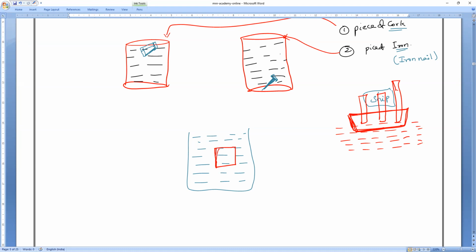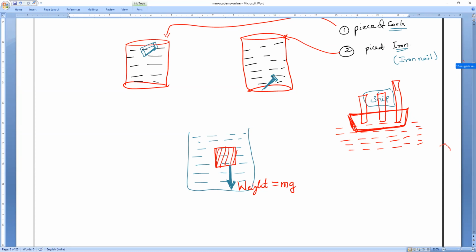When the object is in a liquid, there is definitely a force always exerting in the downward direction. Can anybody tell me, what is the force acting in the downward direction? Weight. Weight. Weight. Gravitational force? No, not gravity. Yes, weight. So weight is equal to m into g.